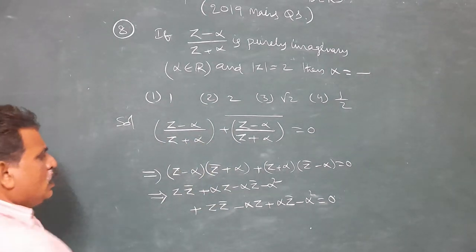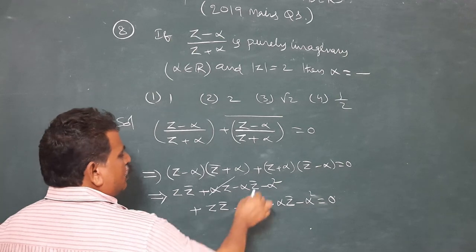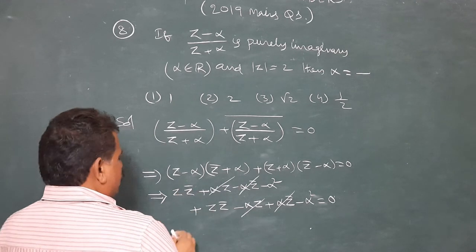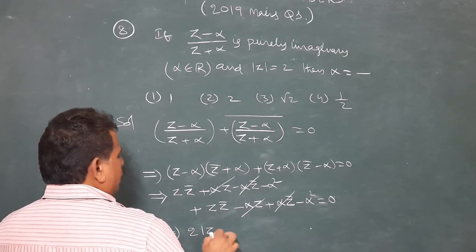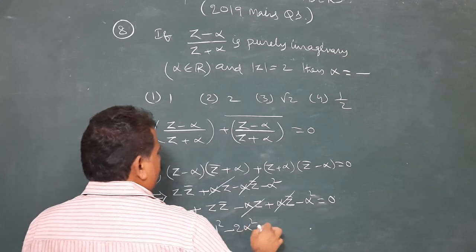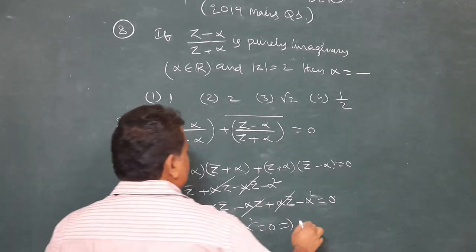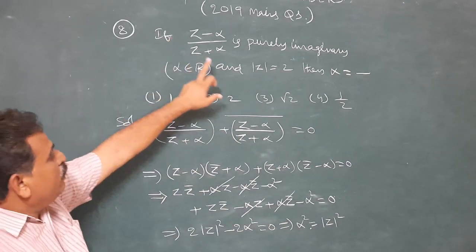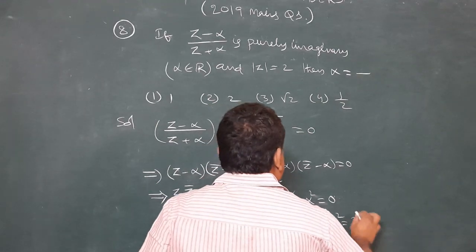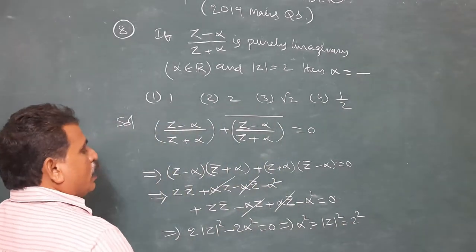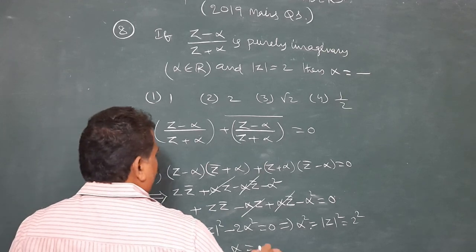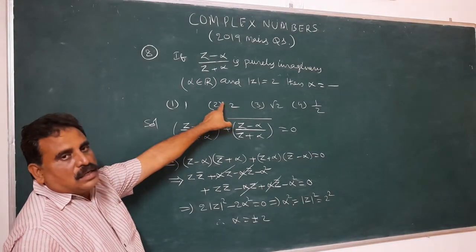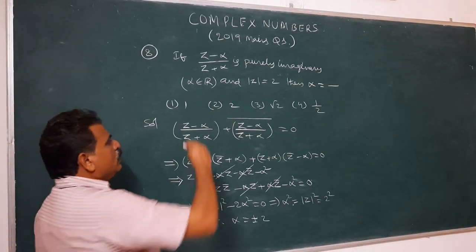Now observe, plus alpha z and minus alpha z cancel, minus alpha z bar and plus alpha z bar cancel. z z bar is mod z square, so 2 mod z square minus 2 alpha square equal to 0, which implies alpha square equal to mod z square. But mod z is given as 2, so alpha square equal to 2 square, alpha square equal to 4, therefore alpha equal to plus or minus 2. Both answers are correct. Here one answer is given, that is alpha equal to 2. It is the right answer.